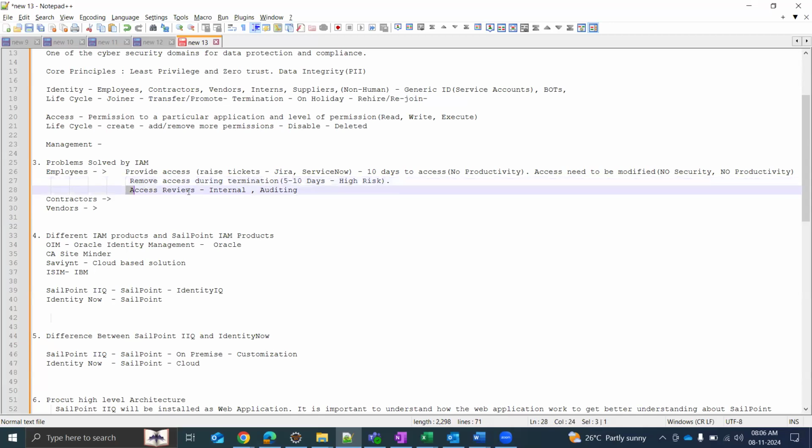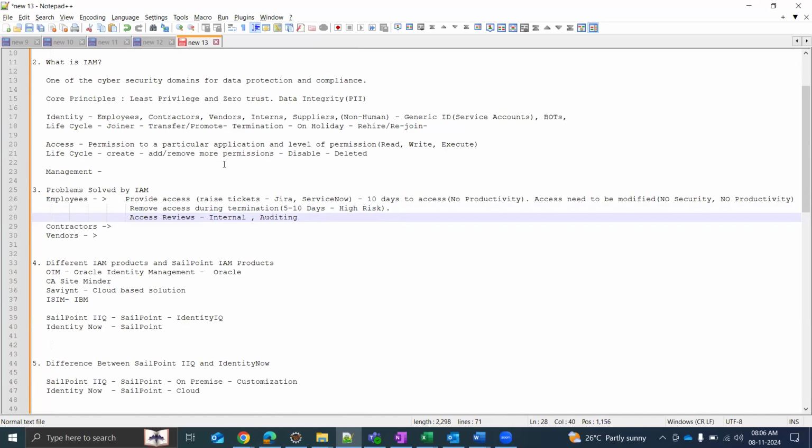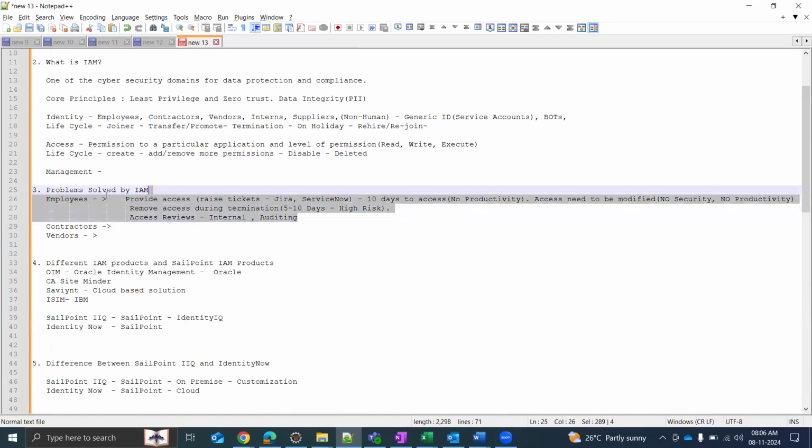And along with that, we have some auditing and compliance things, and we may have to provide evidence, like when we provided access to that person, and why it is not removed. All those things are additional challenges that the organizations will face. So tools like SailPoint IIQ basically solve these problems. Okay.